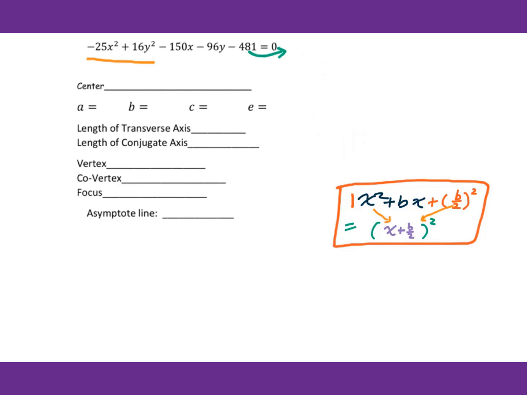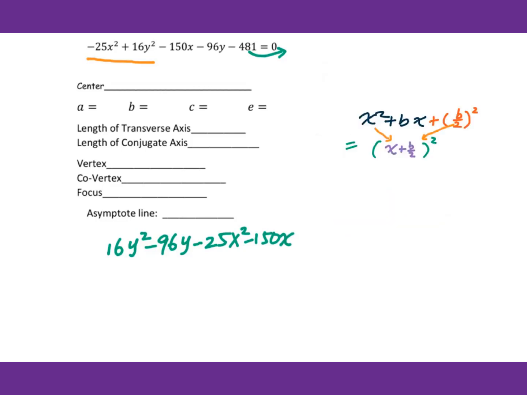For x squared, the coefficient is negative. That's why you move it after the y squared. So we get 16y squared minus 96y minus 25x squared minus 150x equals 481. Then we need to create this x squared plus bx format.